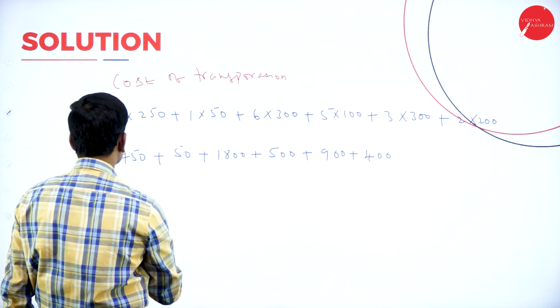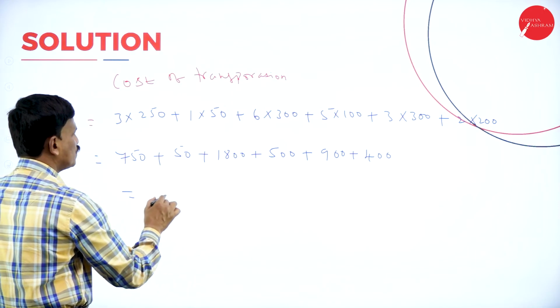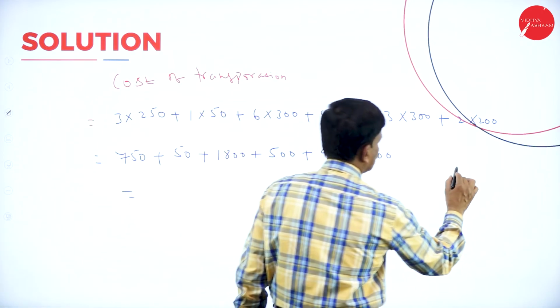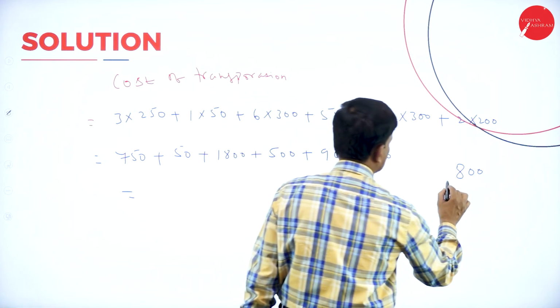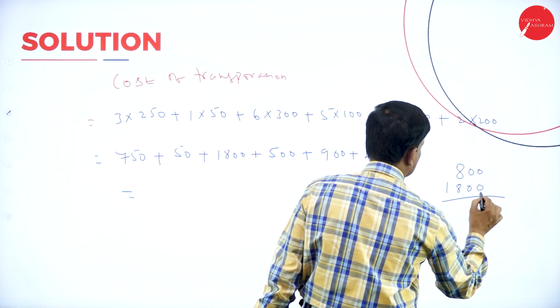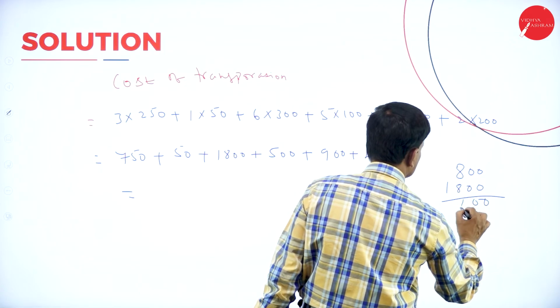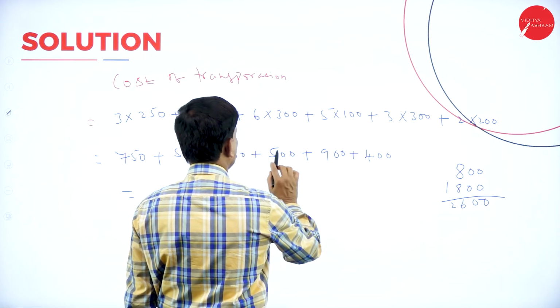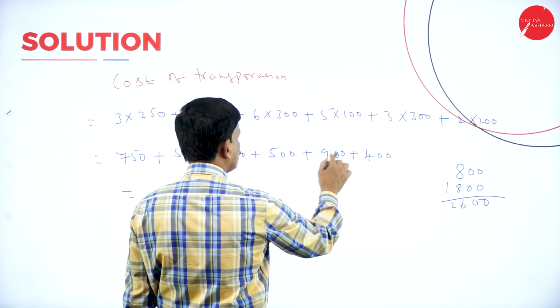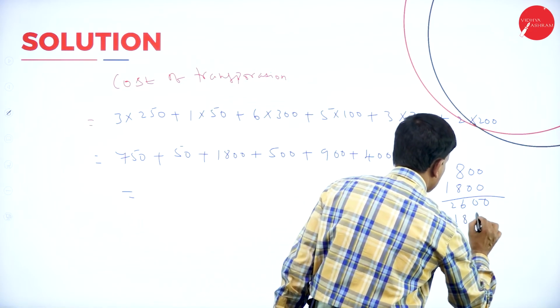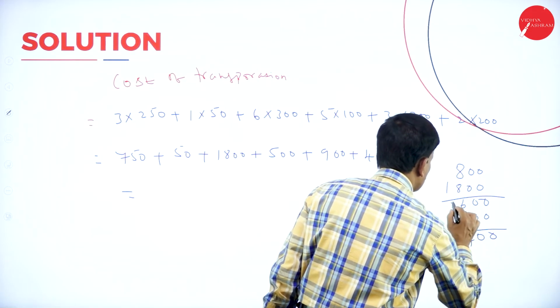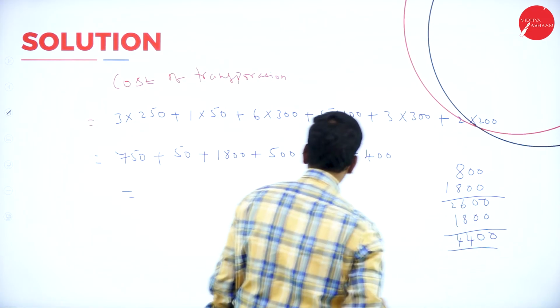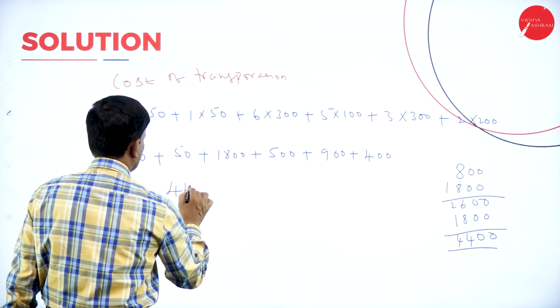Add this. 750 plus 50 is 800. 800 plus 1800 is 2600. Then 500 plus 400 is 900, plus 900 is 1800. Adding these gives 4400.